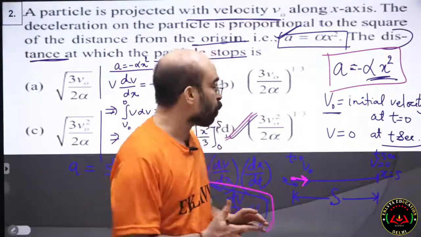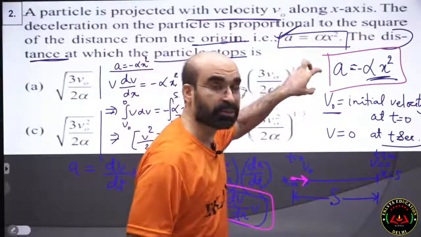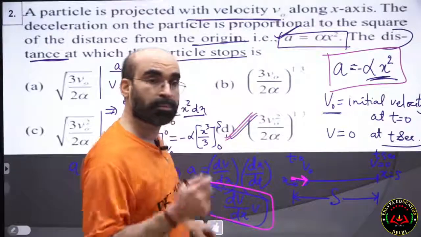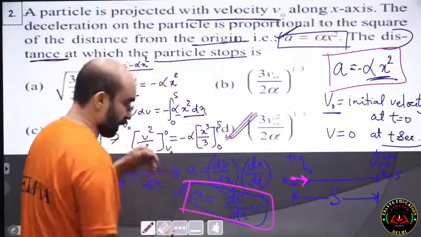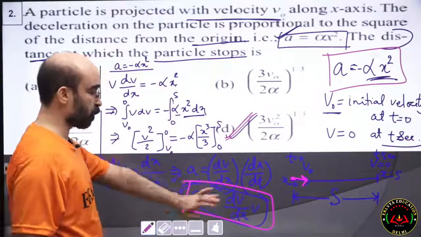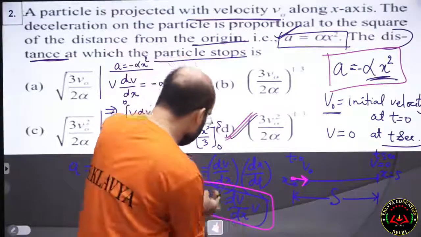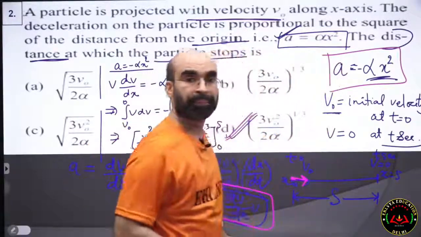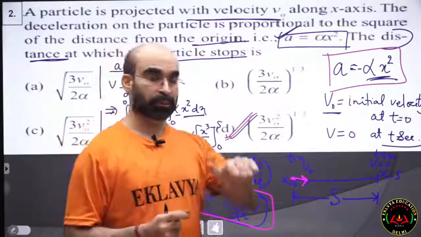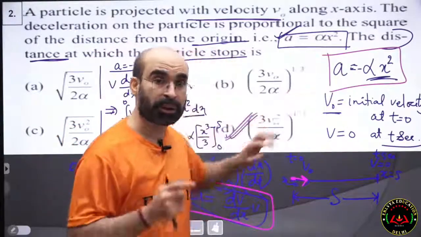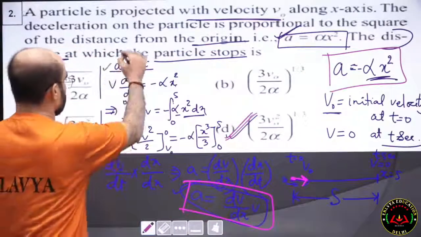At this moment, only two things: interpreting the question, then thinking about the given situation and that sort of formula, the expression for acceleration in terms of displacement. Third step: acceleration in terms of velocity and displacement, that we have substituted here.